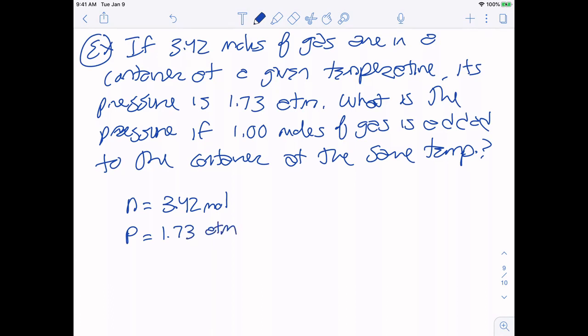So those are going to go together. We're adding 1 mole, so be careful. I'm not saying there's 1 mole in there. I'm saying we're adding 1 mole. So I'm going to have 3.42 plus 1, so I'm going to have 4.42 moles, right? 1 mole was added, so we now have 1 additional mole. And we want to know what is that pressure.